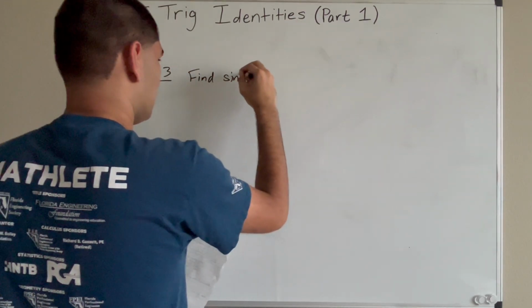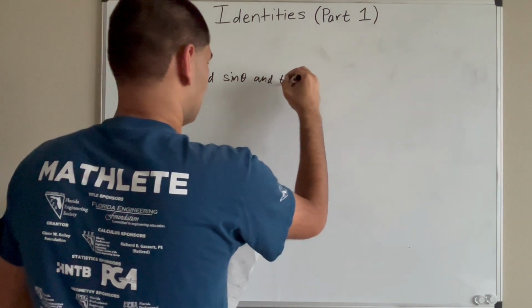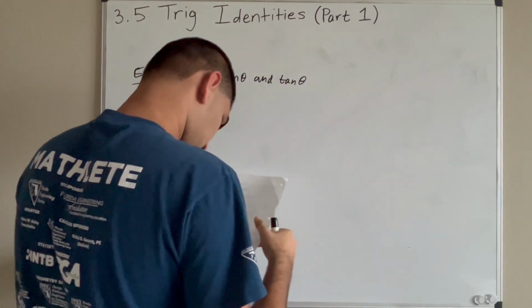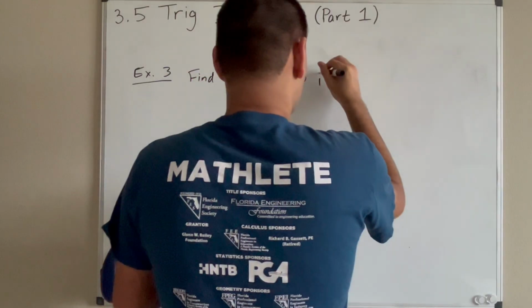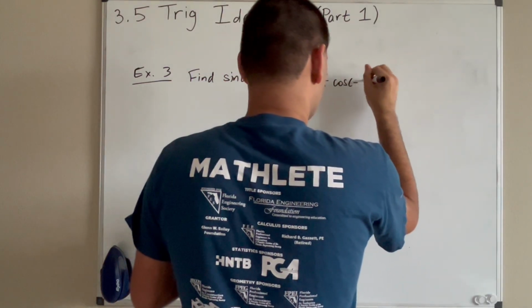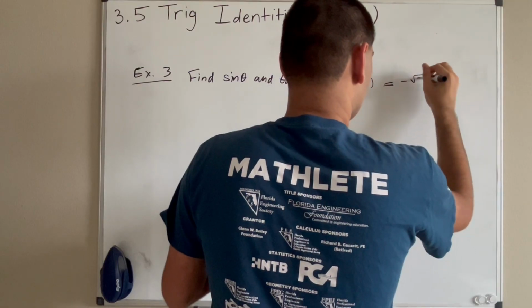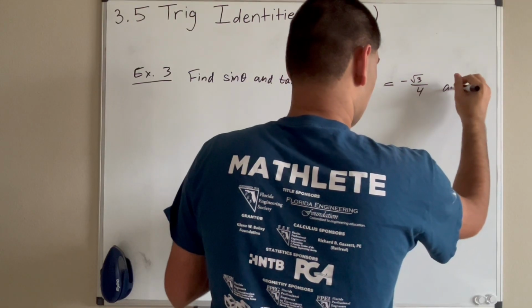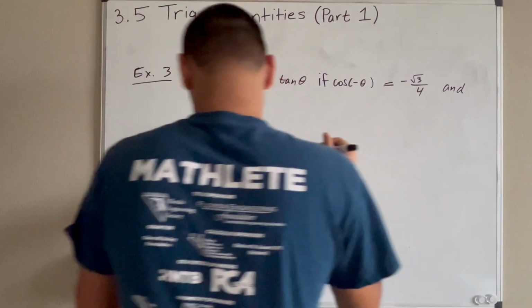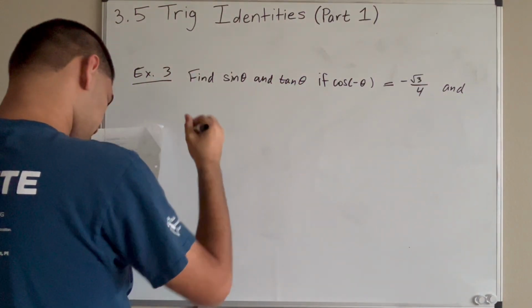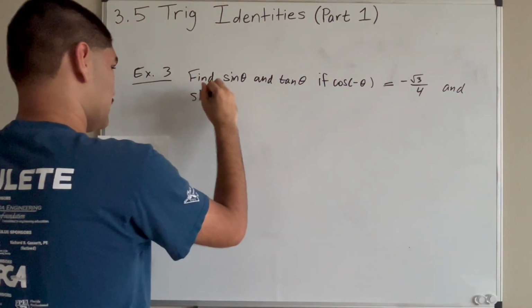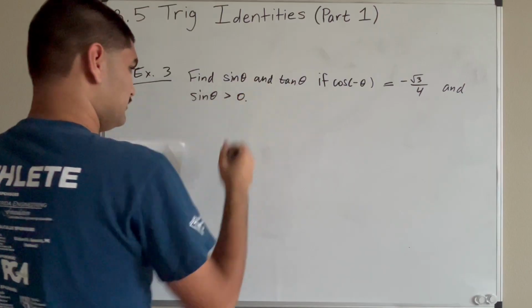Find sine theta and tangent theta if cosine of negative theta is equal to negative root 3 over 4 and sine theta is greater than 0.